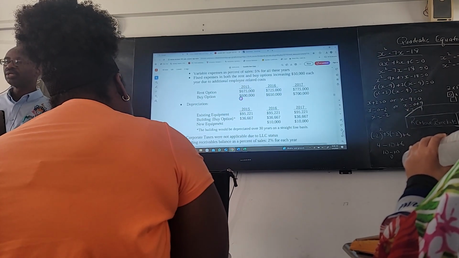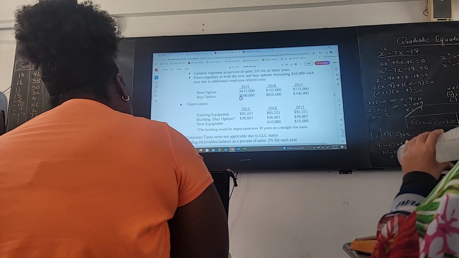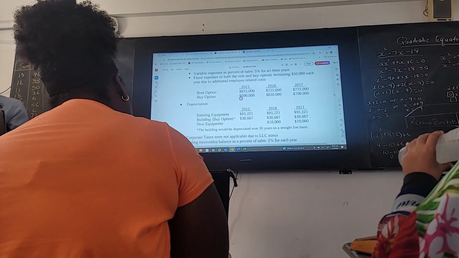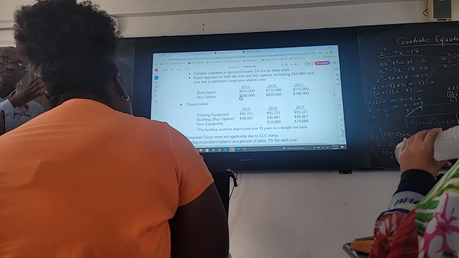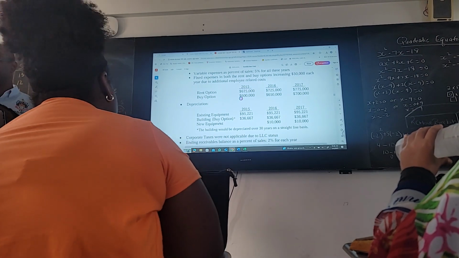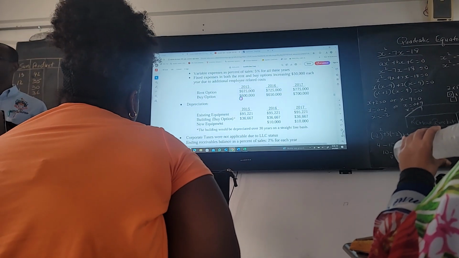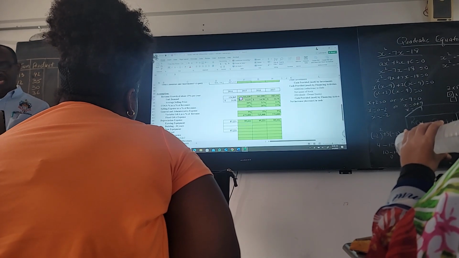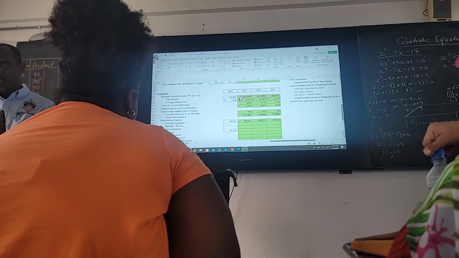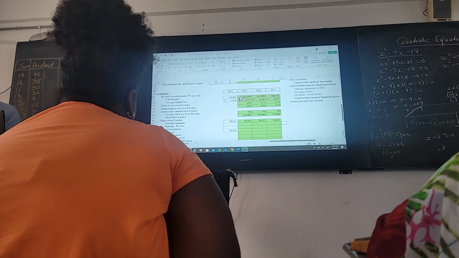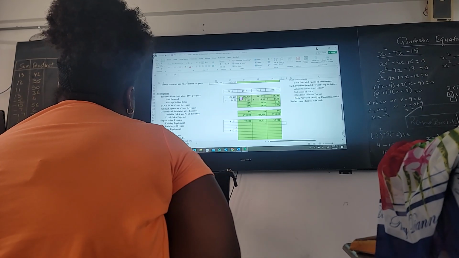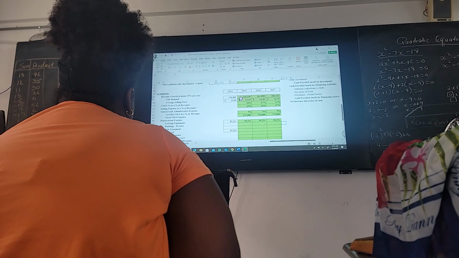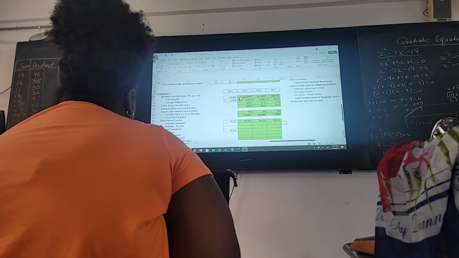The building will only apply if they own one, and right now they don't own a building. So we're doing scenario 1 where they are renting, so they will not have a building. Everybody clear on that? There will be no depreciation on the building under this particular scenario. Everybody comfortable with that? Okay.